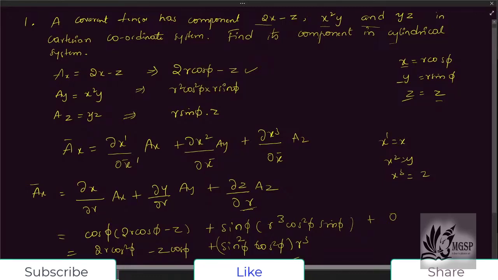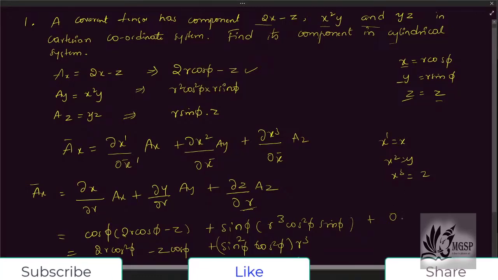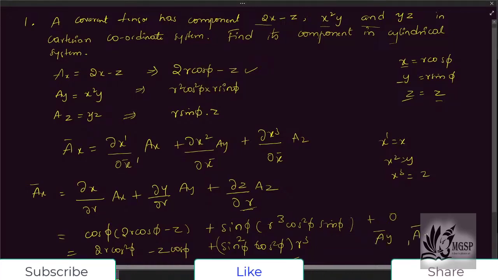Similarly you can do for ay bar and az bar. I will write the final answer for ay bar.